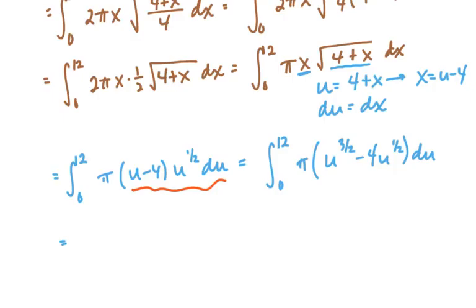So now we bring down the pi. We integrate u to the 3/2 and we get u to the 5/2, and the coefficient is 2/5. Minus, we integrate u to the 1/2, we get u to the 3/2, and the coefficient is times 2/3, from 0 to 12.